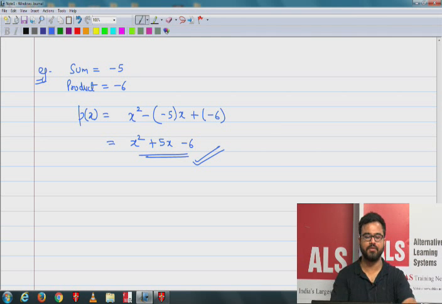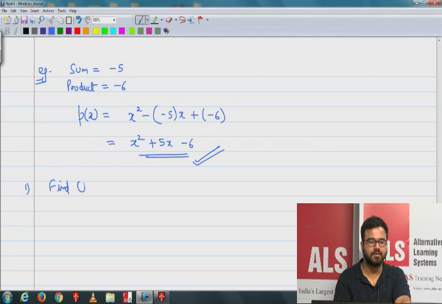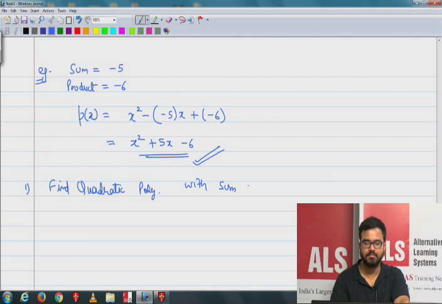Okay. So I'm giving you 5 questions, so you have to do it. So basically the first question is, based on this one, find the quadratic polynomial with sum and product of zeros given respectively.